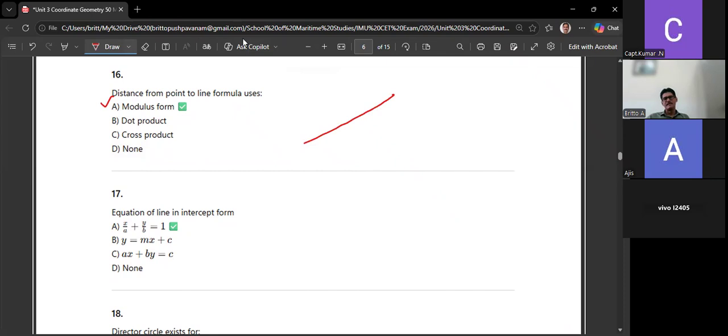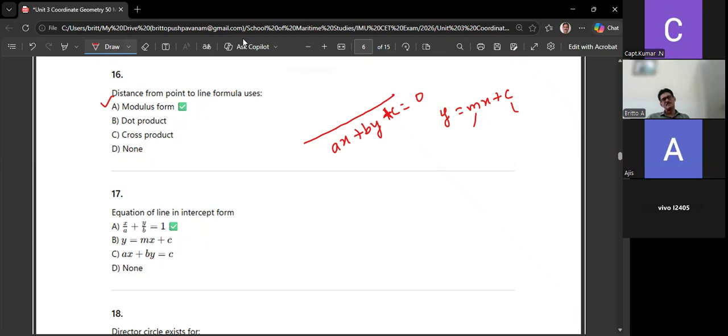Usually we write the line in standard form as y equal to mx plus c, where m is called the slope and c is called the y-intercept. The same line in linear form is written ax plus by plus c equal to 0.